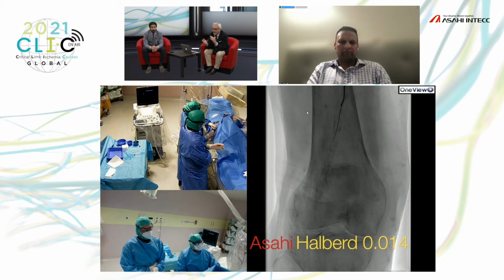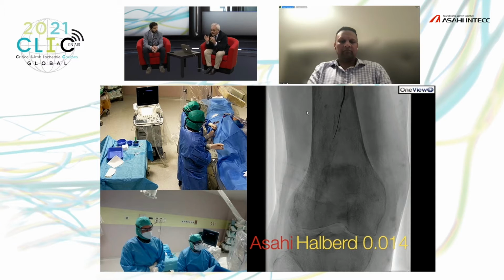Of course, we can change the radiological projection in order to always follow exactly the advancement of the wire and check that the wire tip remains in the middle of the calcium.